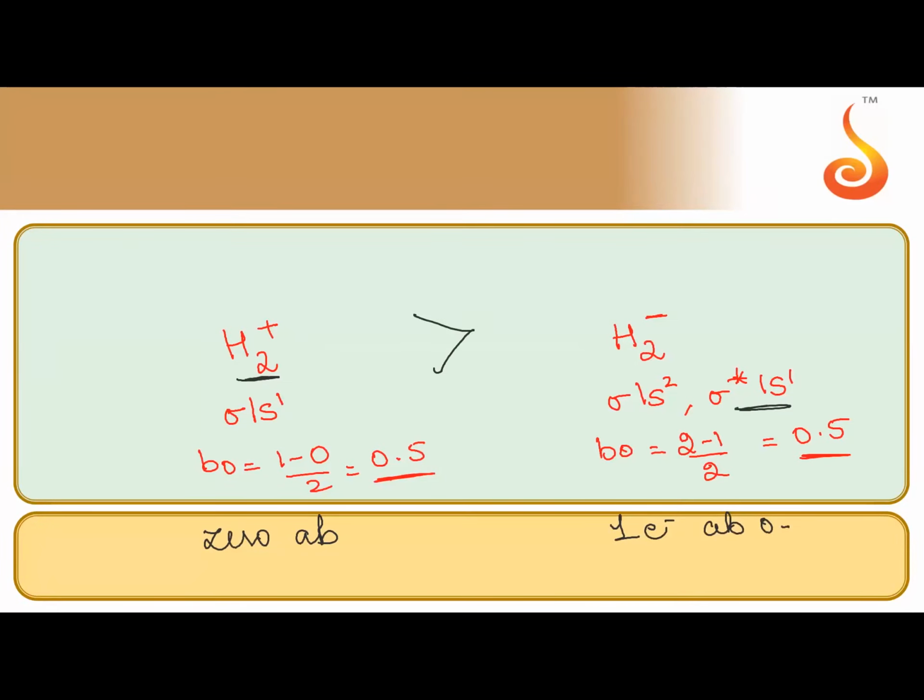When all the electrons are in bonding orbital, that is more stable than if there are few electrons in antibonding. More the electrons in antibonding, more unstable it is. But remember, this only applies when you have same bond order. Then only you go to see this extra point. Normally in a NEET exam, I don't think they might ask you, but in case they ask, remember this point, that if there are more electrons in antibonding, that becomes less stable if the bond order is same.